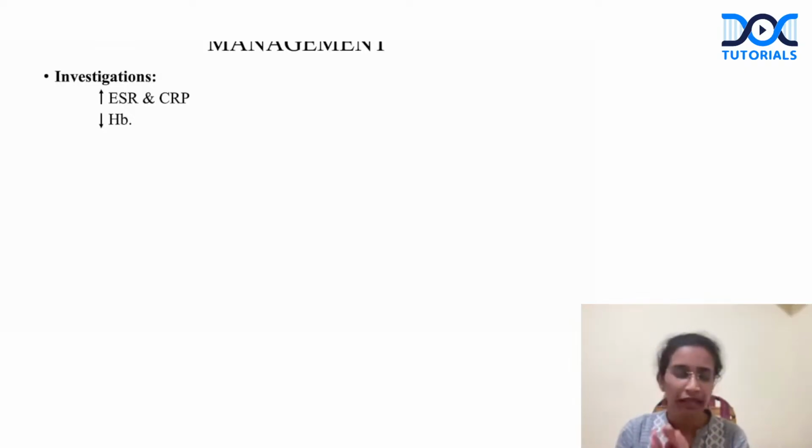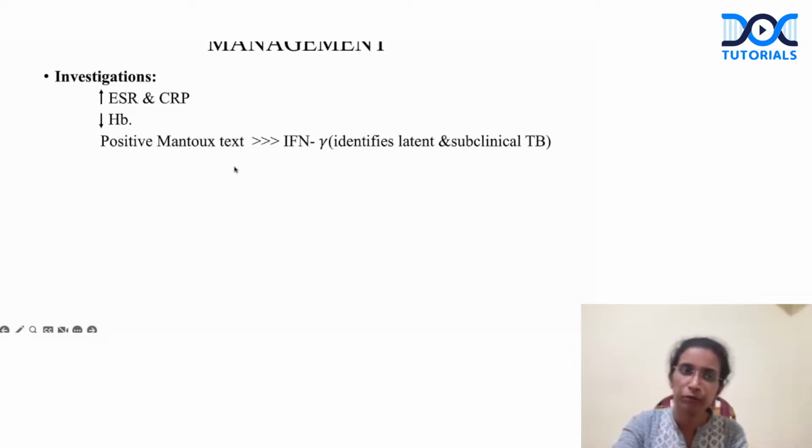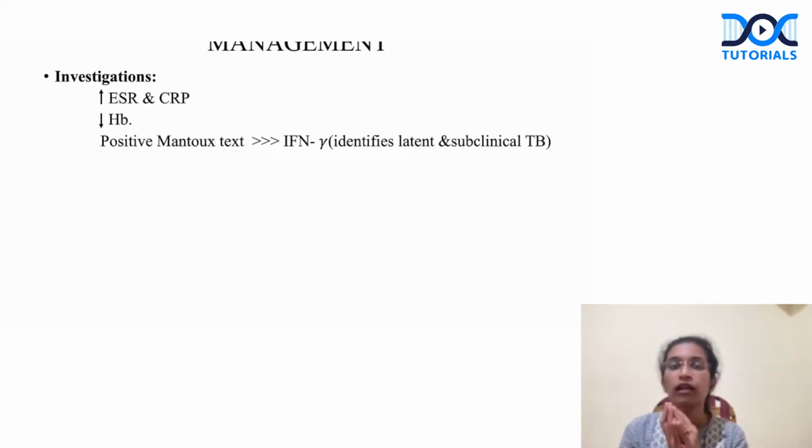Now coming to the management, any management starts with investigation, where there will be elevated ESR and CRP, and the hemoglobin will be reduced. And the Mantoux test will be positive, which is an ancient test, and that's been superseded by the interferon gamma test. Here, an antigen which is very similar to this mycobacteria is used to stimulate and measure the quantity of interferon released by the cellular response, the T cells.